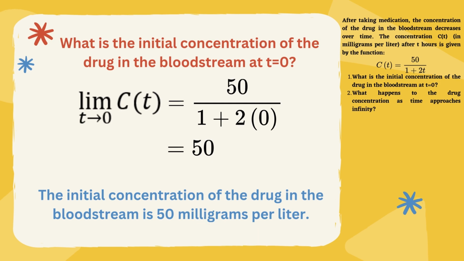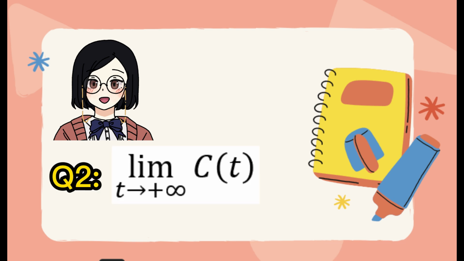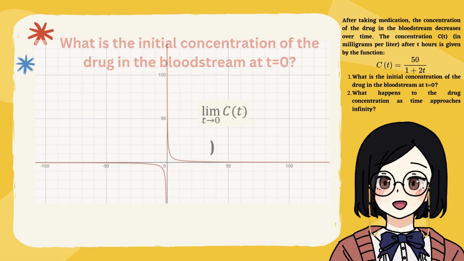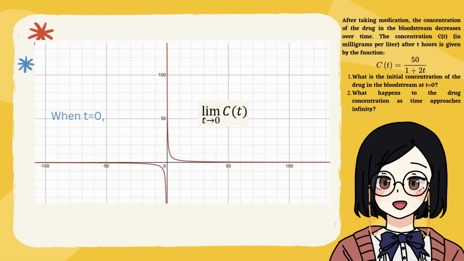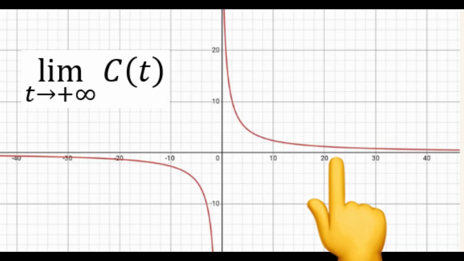Now let's determine the drug concentration as t approaches positive infinity. To do this, it's helpful to use graphing tools to visualize the behavior of C(t) over time. From the graph, we can confirm that when t equals 0, C(t) is indeed 50. Additionally, we observe that the graph approaches the horizontal axis but never touches it, indicating that the function is asymptotic to 0.